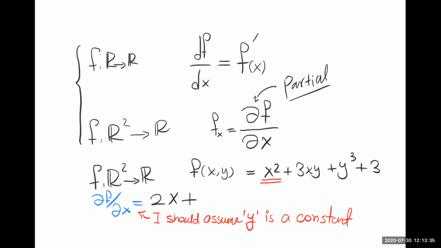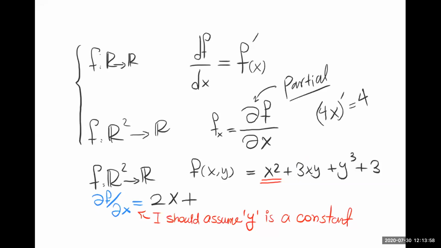What is the derivative of the second term with respect to x? It's 3xy. When I have a number times x, like 4 times x, the derivative with respect to x is just that constant number I am multiplying x with.